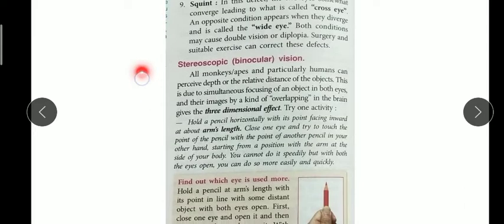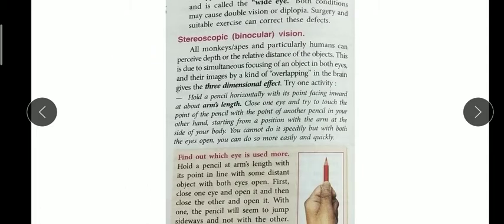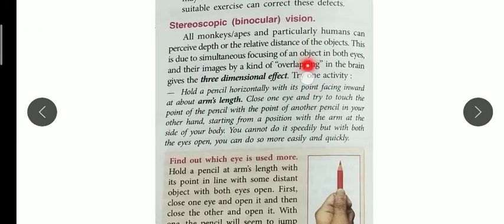Then, children, we have stereoscopic binocular vision. As you know, we come from our ancestors, apes and monkeys, and humans also, we perceive object depth. Our brain can judge the correct signal that goes into our eyes of objects placed at different distances.